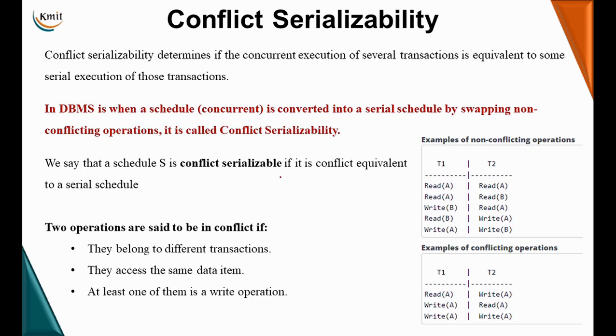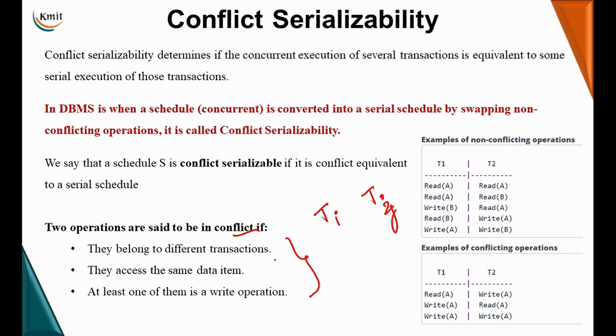Now, after all, what is this conflict? What do we mean by conflicts? Two operations are said to be in conflict when these three conditions hold. First, they belong to different transactions. That is, if one action is from T1, the other action should be from T2, or in general Ti and Tj.